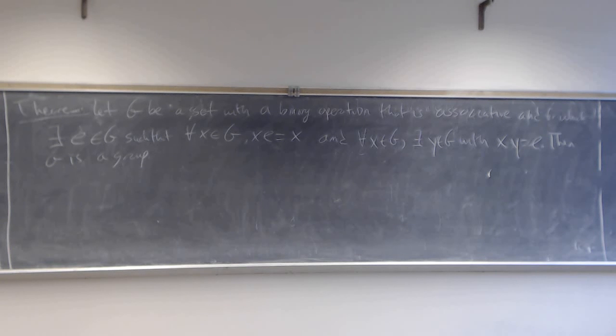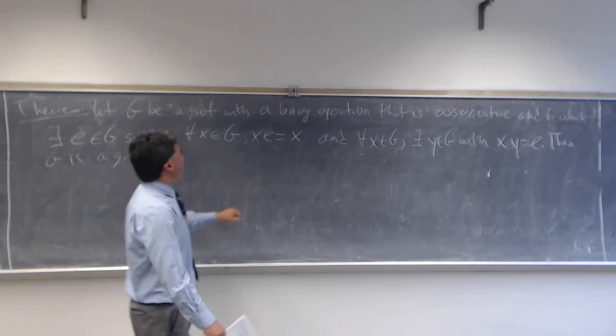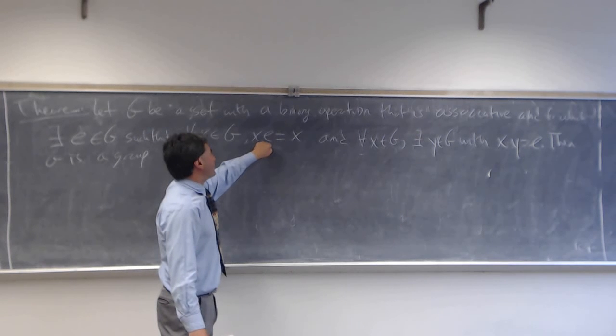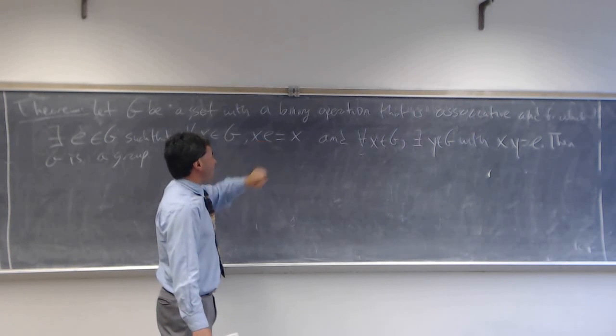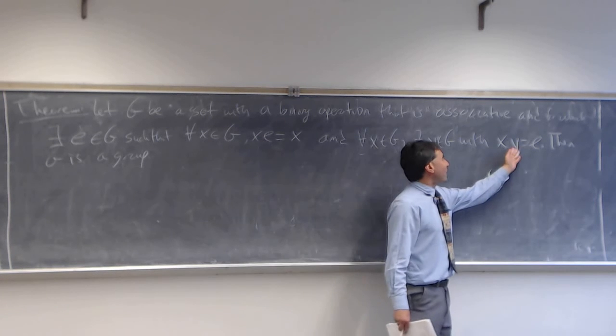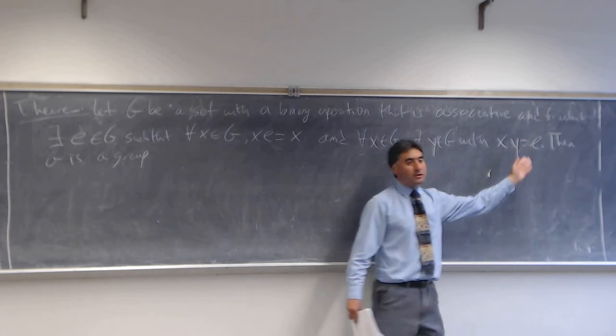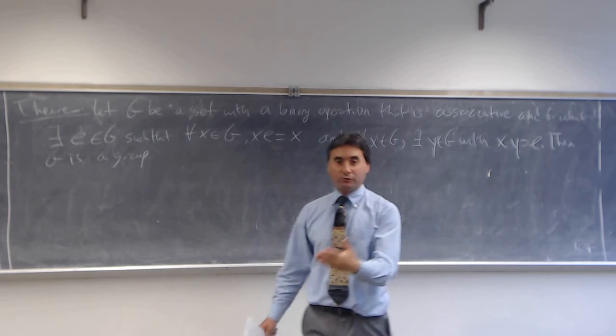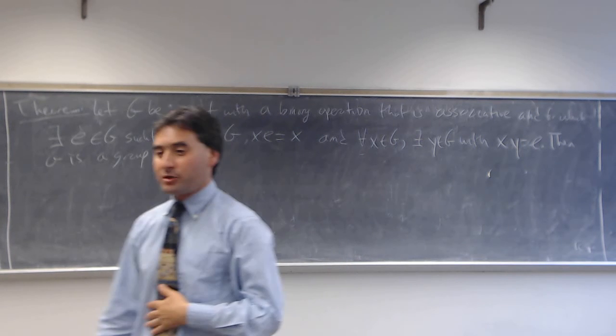So in a homework problem or a test, if you're asked to prove something is a group directly from the axioms, it saves your calculation. If you can show you have an E that is an identity on the right-hand side, and a right-handed inverse for each element, that's enough to prove it's a group if you have all the other properties.